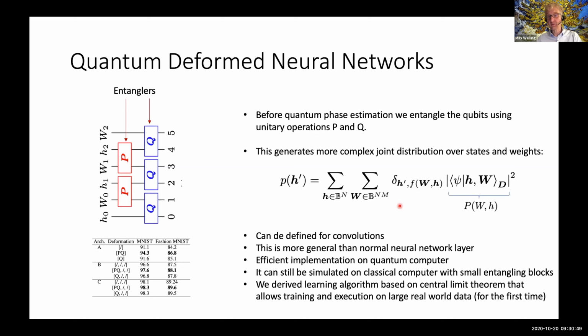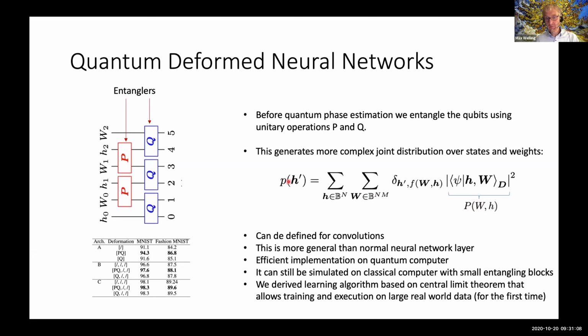But for these smaller entanglers, you are doing things which are non-classical, yet you can still simulate it on a classical computer. So basically, the outcome of what you're doing is taking a joint correlated distribution over your features H and your parameters W. So this quantum part here, this entangling part, correlates these things together.